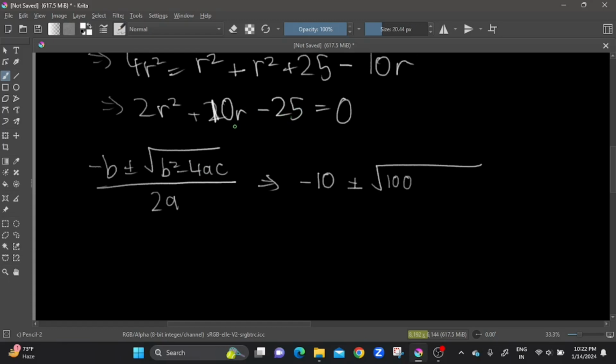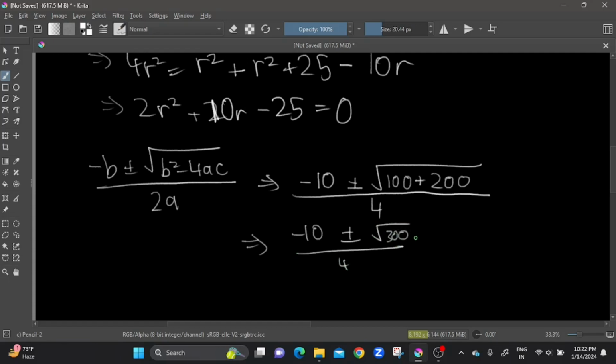It's going to be 8 into 25, 4 into 25 is 100, 100 into 2, 200. So it's going to be plus 200, by 2a, which becomes 4. So minus 10 plus or minus root 300 by 4. So that's going to be minus 10 plus or minus 10 root 3 by 4.